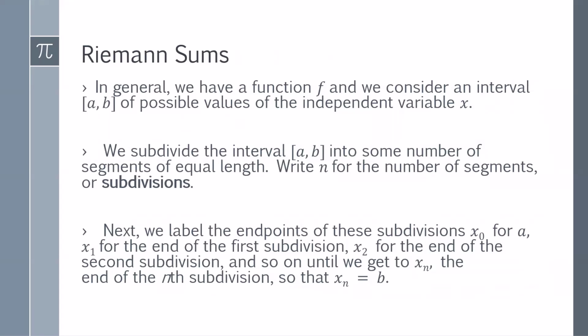Next, we label the endpoints of these subdivisions: x0 for a, x1 for the end of the first subdivision, x2 for the end of the second subdivision, and so on until we get to the end of the nth subdivision, xn. So xn in this case is going to be b.